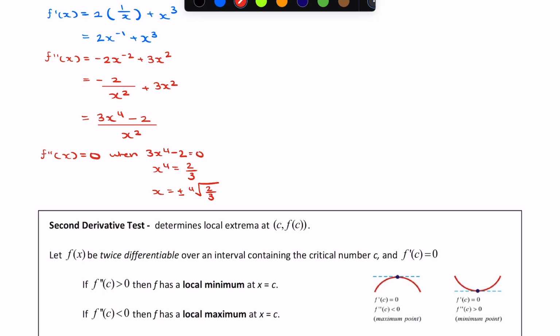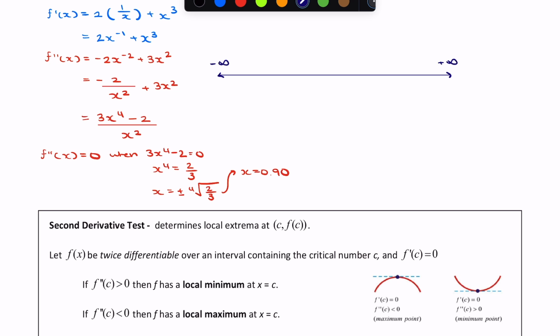For the sake of understanding where these values are, the fourth root of 2 over 3 is approximately 0.90. Now here, we'll draw our number line, from negative infinity to positive infinity.